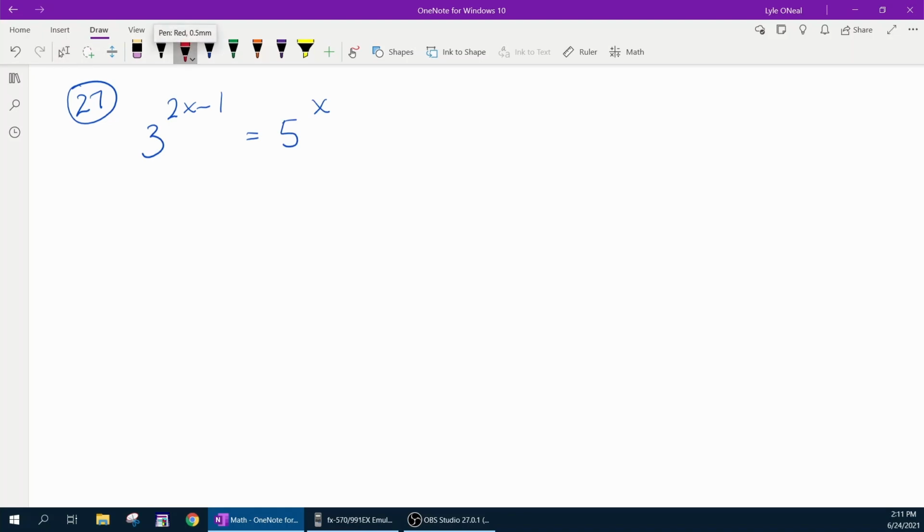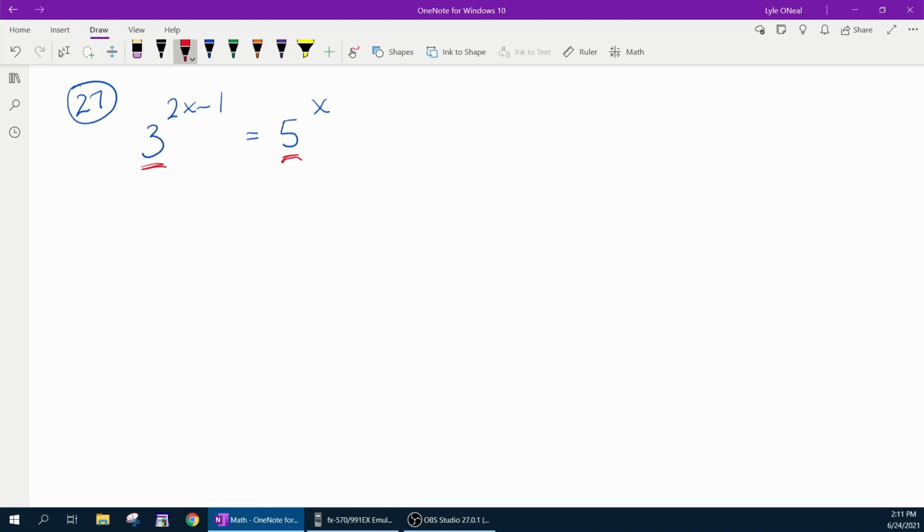All right, so what do we have in this example? We've got 3 to the 2x minus 1 equals 5 to the x. Notice that both sides of the equation have an exponential. And I do want you to notice that the bases are not going to be easily made the same.